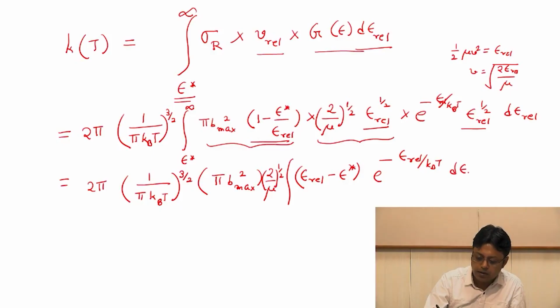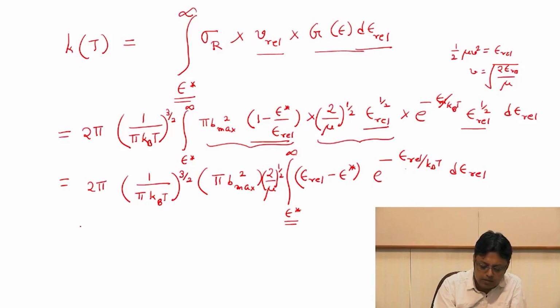Now we have to somehow use the gamma function, but we cannot use it because the lower limit is epsilon star, and also the variable here is epsilon relative. Now we can make a trick. Let us write a new parameter, epsilon prime, which is basically epsilon relative minus epsilon star.